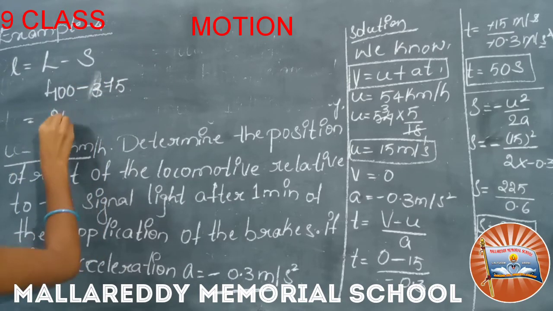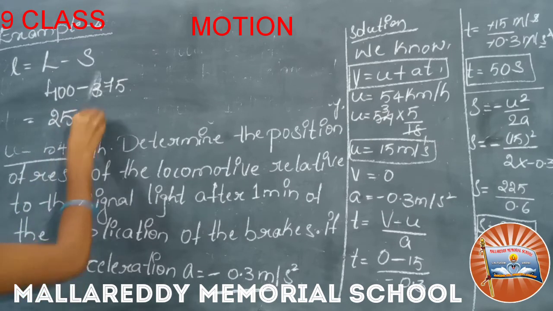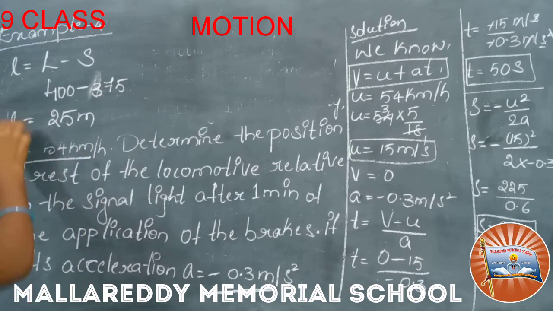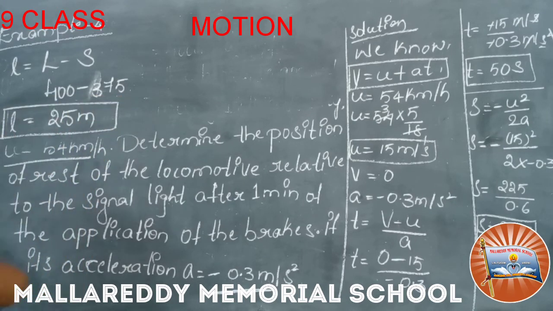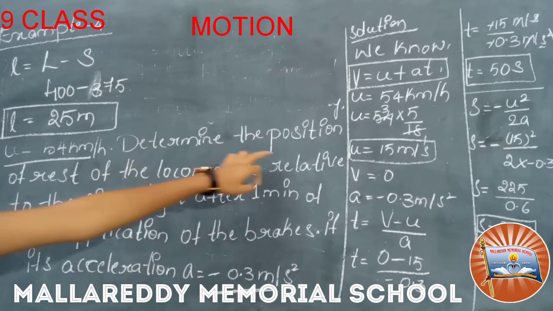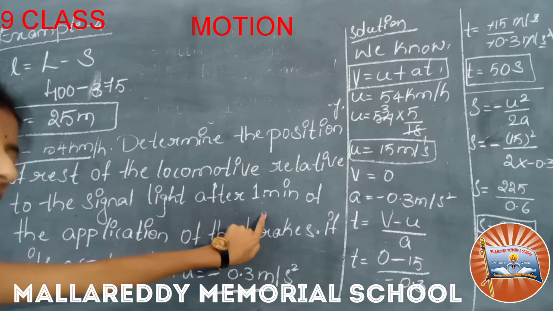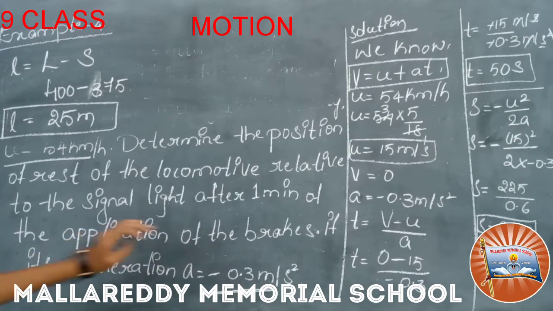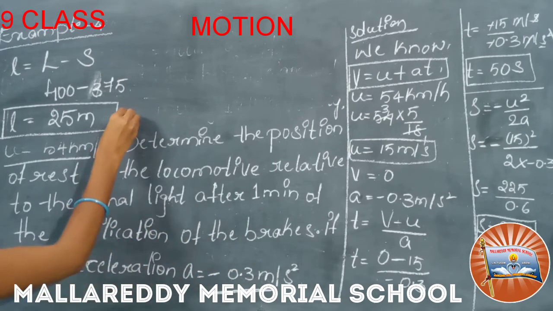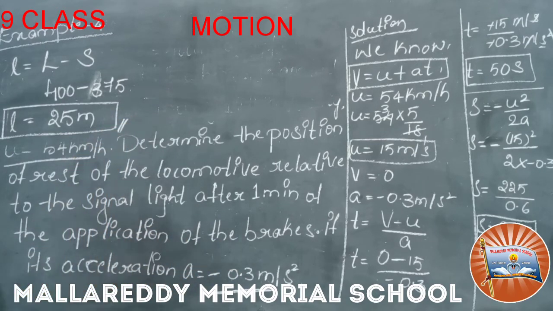So we will get here 25 meters. So here the position of rest of the locomotive relative to the signal light after 1 minute of the application of the brakes is at 25 meters.